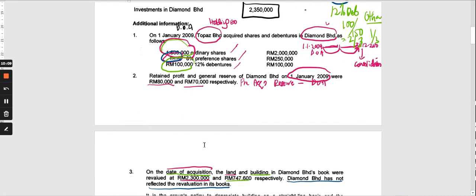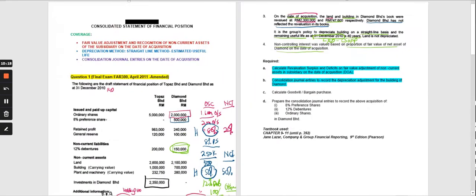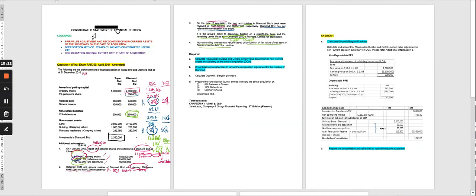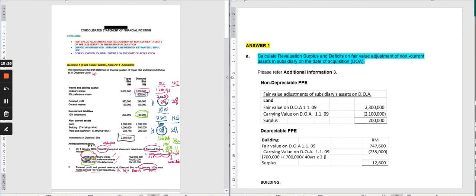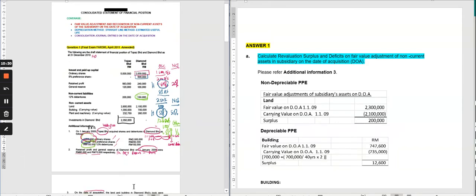So we can proceed now looking at how do we go about answering the question. Right. So let's look at what we have here.